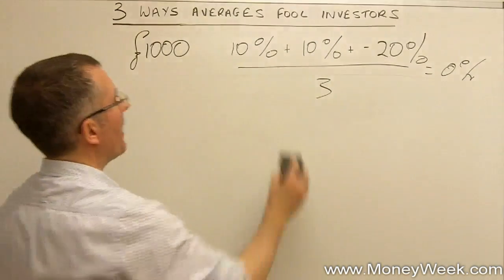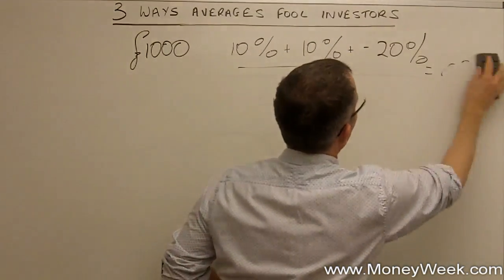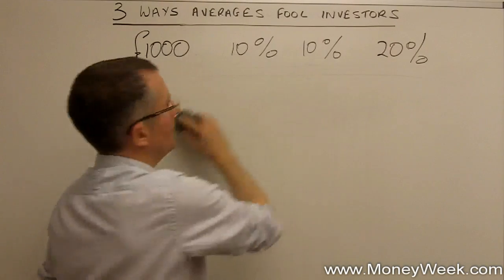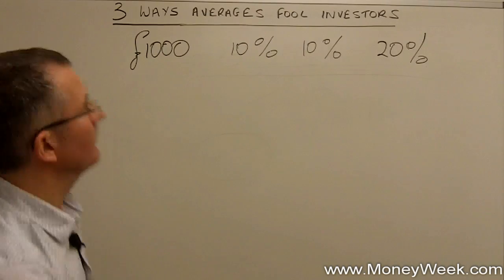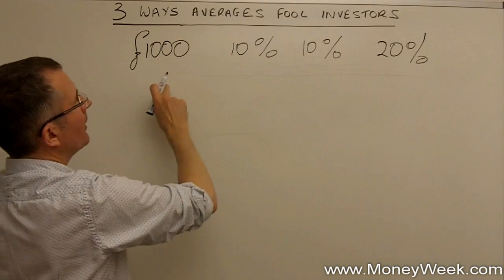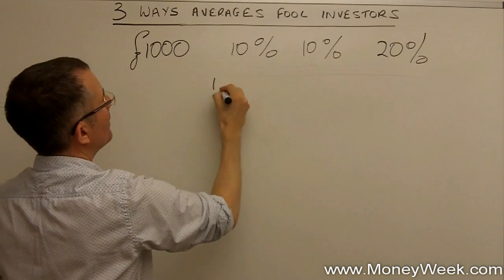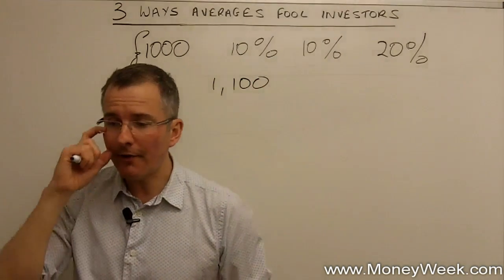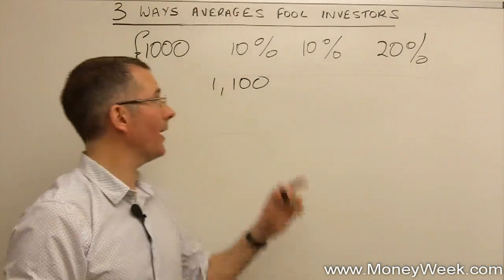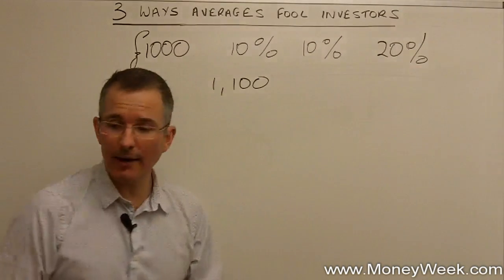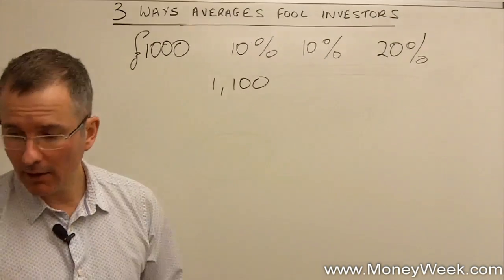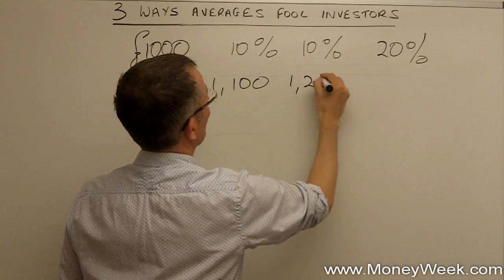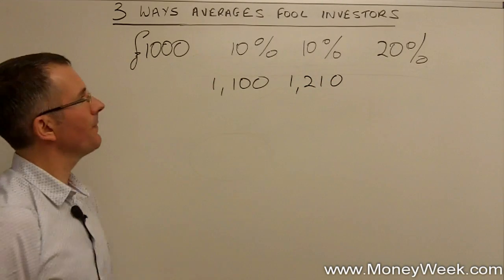Just going to demonstrate what I mean by that. In actual fact, £1,000, 10% gain in year 1, £1,100. Stay invested, earn another 10% on £1,100, and you end up with something a little bit more like £1,210.